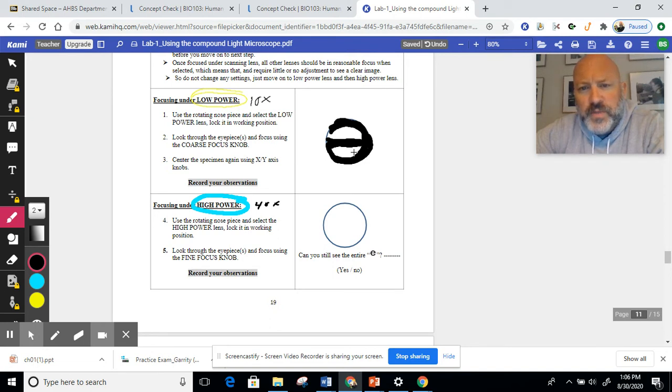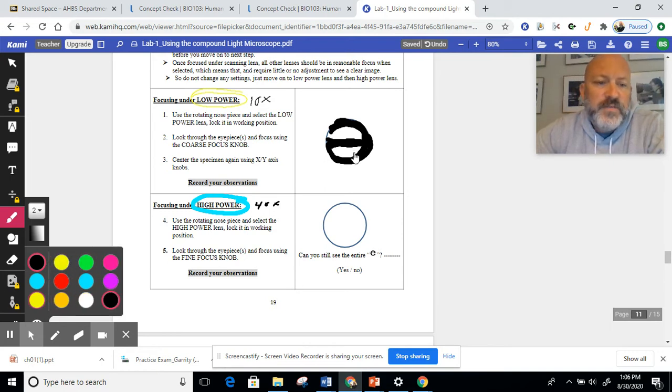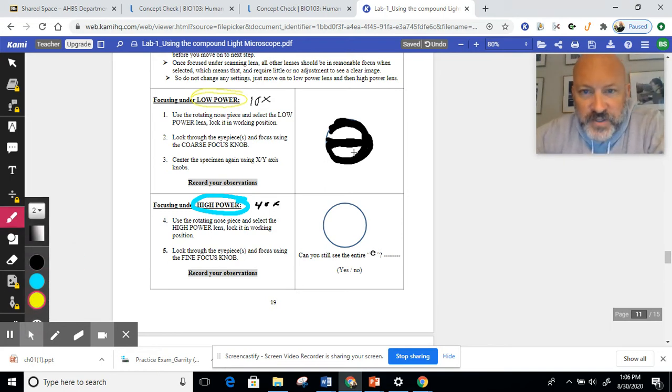You really want to make sure what you're looking at is centered before you go to the high power lens, because if you don't center the image, there's a chance you could be zooming in on this area right here or this area right here. And then if you zoom in on that on high power lens, you wouldn't see anything. So what I recommend to the students is take this area and put it in the center before you go to high power. This way we know for sure that we can see something.